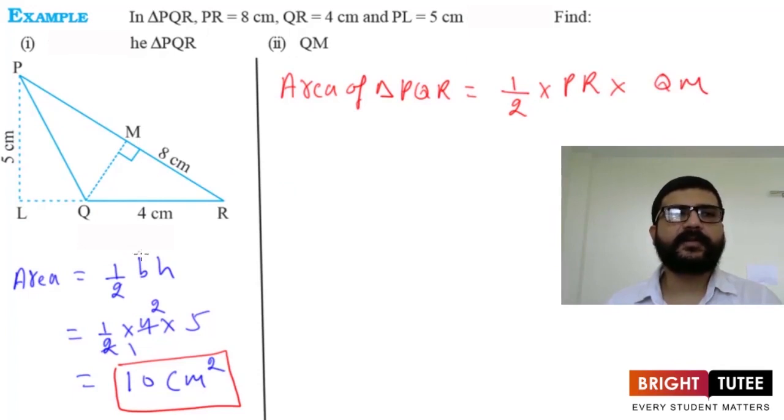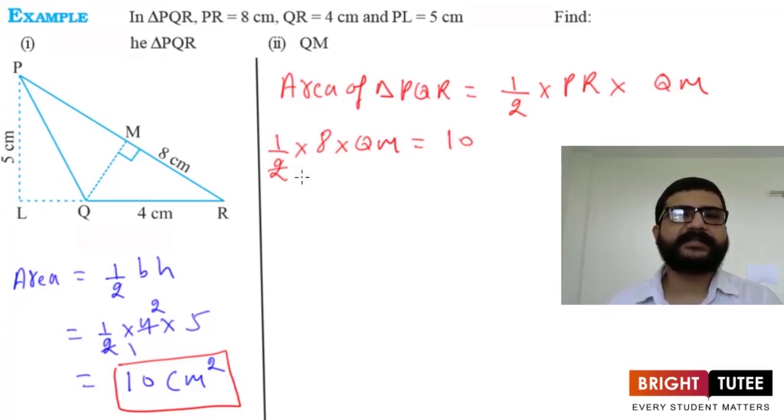Now since we already know area of this triangle is 10 square centimeters, so therefore we will get half into PR is 8 into QM is equal to area of the triangle, which is 10.